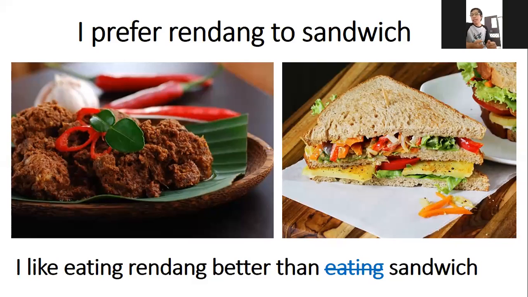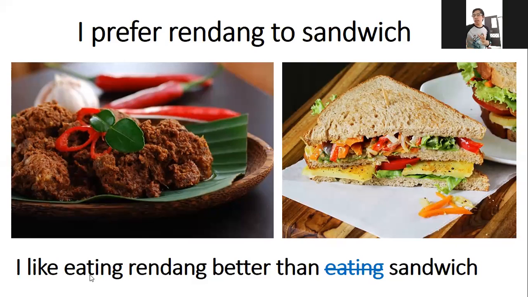I love eating rendang instead of consuming Western food like a sandwich. So you express it: I prefer rendang to sandwich. That means your preference is to consume rendang. You love rendang more than sandwich, or I like eating rendang better than sandwich.